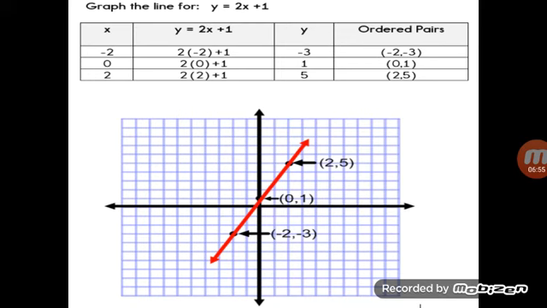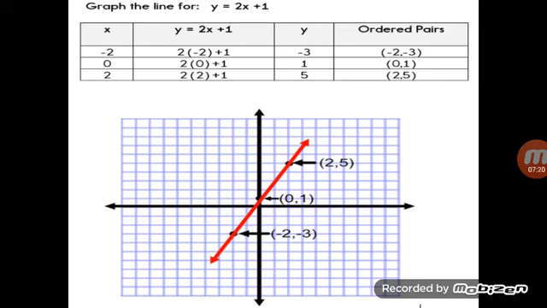Now the function is given as y = 2x + 1. We are going to suppose x values as -2, 0 and 2, and we will put these x values one by one in the given function to get exactly one output of y value. When x = -2, the y value after solving the given equation is -3.